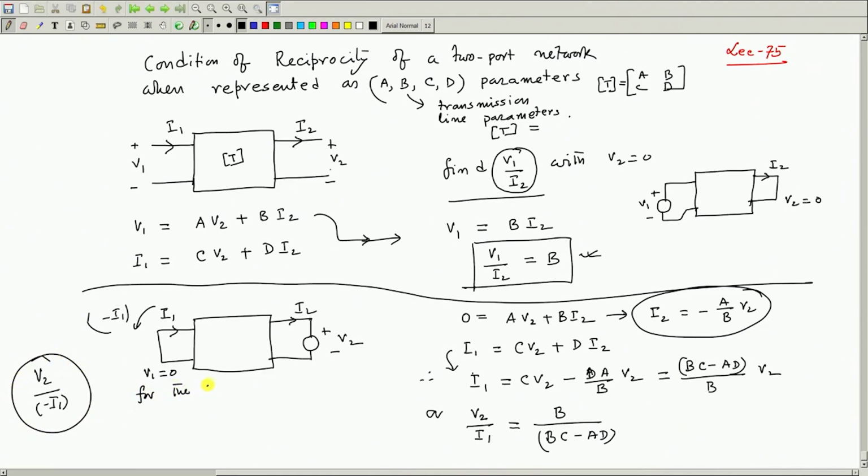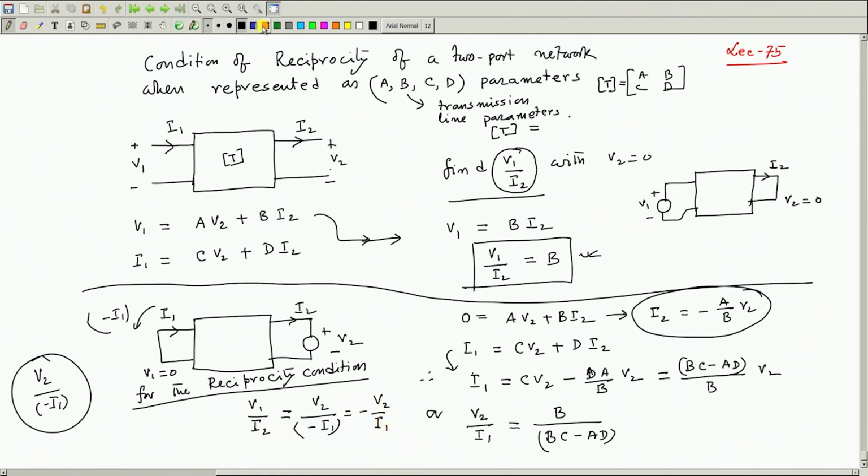For the reciprocity condition, we must demand that V1 by I2 should be equal to V2 by minus I1, which is equal to minus of V2 by I1.